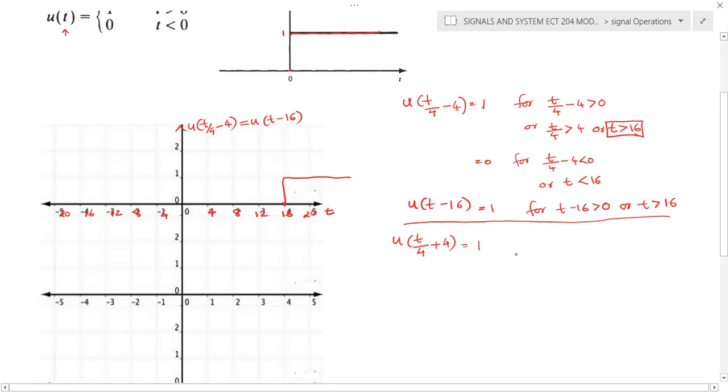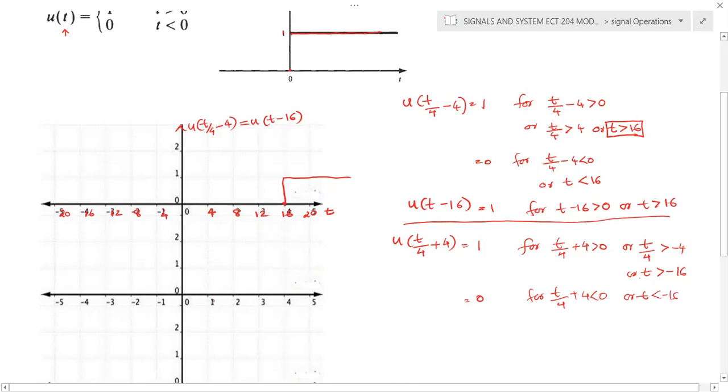So again, this is equal to 1 for t by 4 plus 4 greater than 0, or if you rewrite this, t by 4 greater than minus 4, or t greater than minus 16. Similarly you can write 0 for t by 4 plus 4 less than 0, or if you rearrange, t less than minus 16.